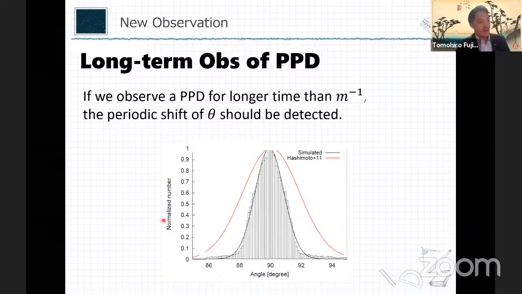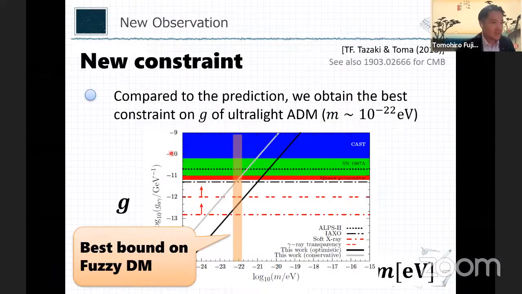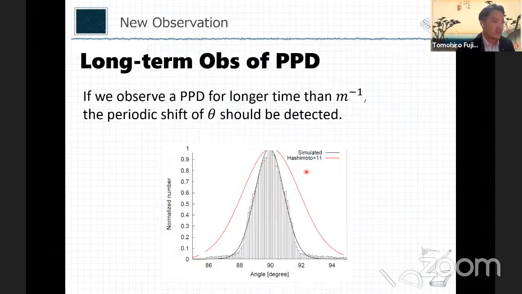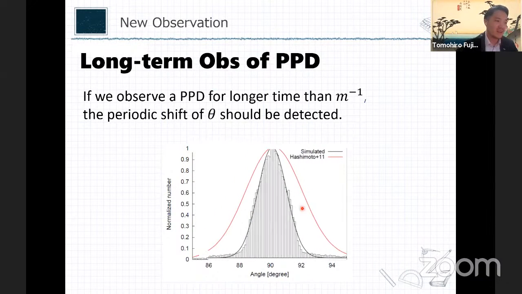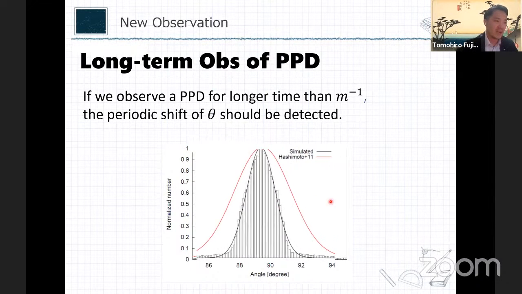However, in this work, I used just one snapshot of a protoplanetary disk. In principle, if we can observe one protoplanetary disk for a very long time, we should be able to observe this kind of time variation.